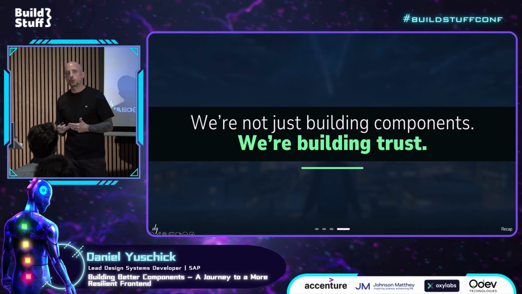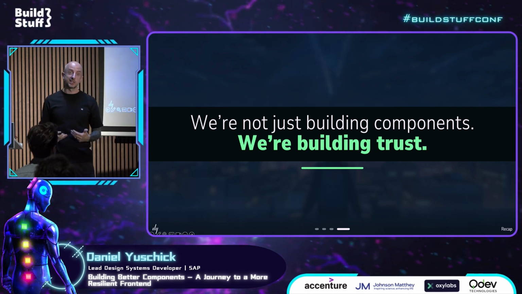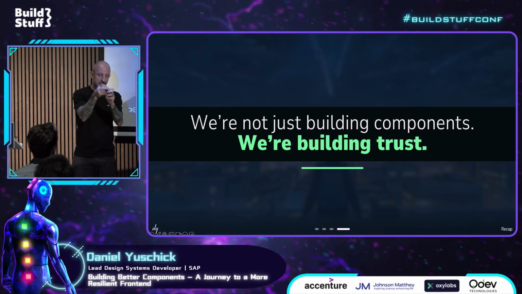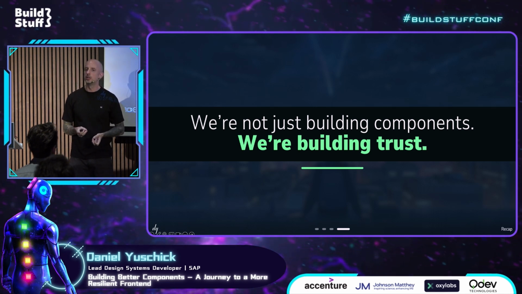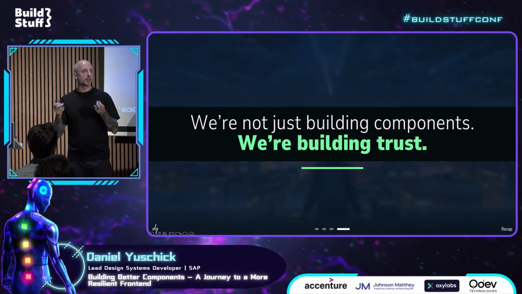We're building trust throughout a product. We're building trust across teams. We're building trust throughout an organization. We're talking about buttons and inputs, and these things by themselves don't matter. But what matters is the communication and the collaboration and the trust that they foster.